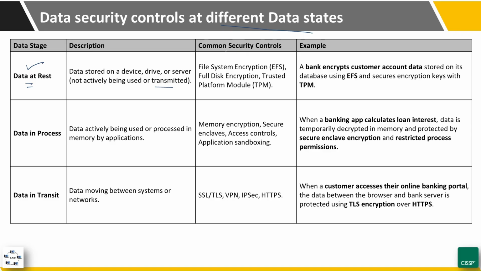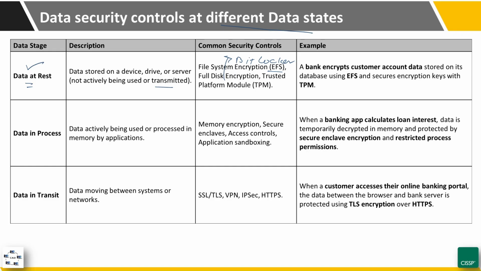And what are some common security controls for data at rest? These are basically file system encryption. This one is, I think, used inside Windows or Linux. Then full disk encryption. For full disk encryption, we can give an example in Windows: BitLocker. BitLocker is an example of full disk encryption. BitLocker lets you encrypt your whole drive inside Windows.